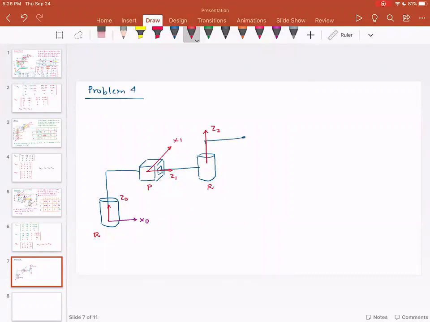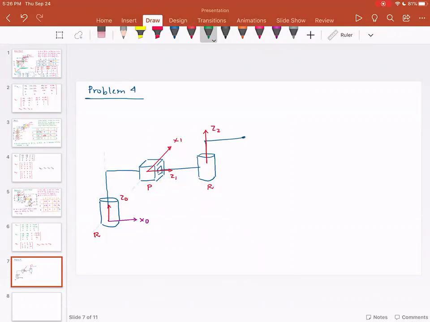However, in this particular problem, X1 is actually parallel to Z1. It doesn't intersect. So X1 is parallel to Z0. So which means we will have to shift the coordinate system to match the orientation, and we will do that. The next thing is I have Z2 over here.